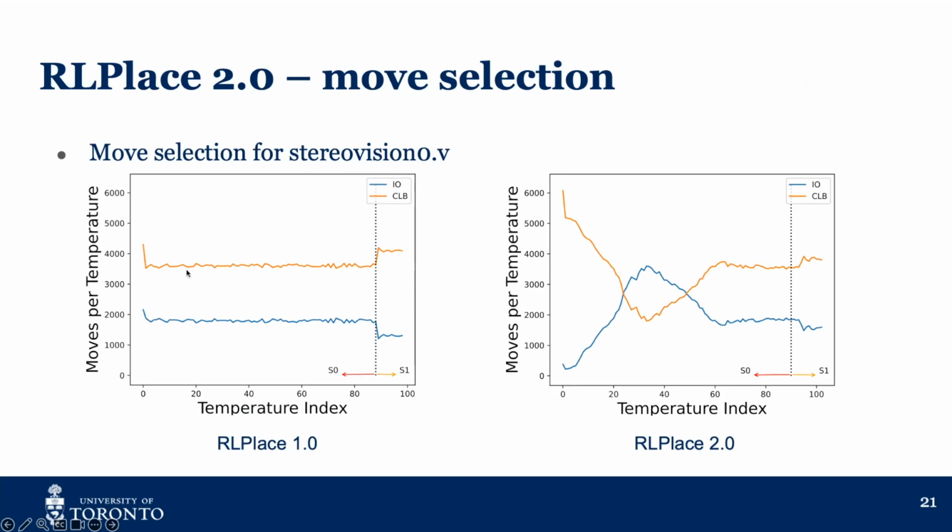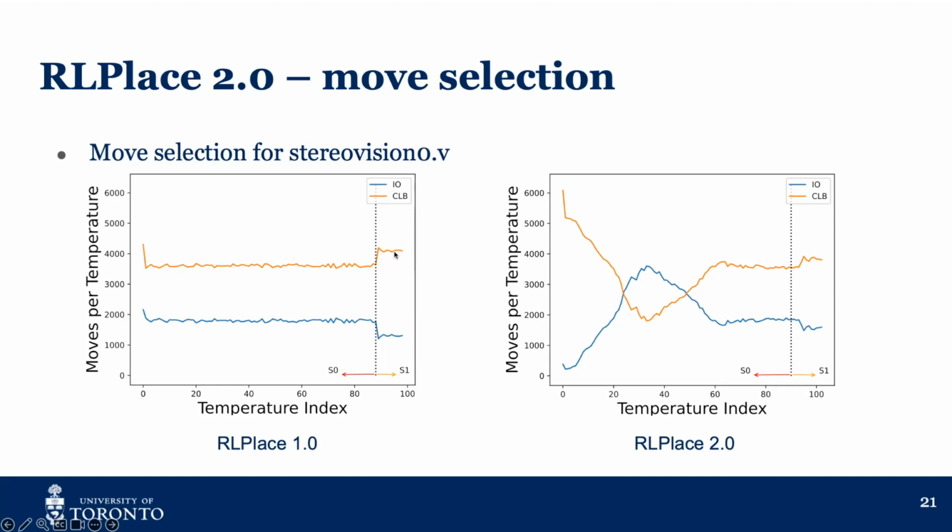As we can see here, the ratio of moving a CLB to IO is constant throughout all the different temperatures in the first stage of the agent. This is because the agent is just picking the moving block randomly. And because this netlist has double the CLBs of the IO blocks, it's moving CLBs double the amount of moving IO blocks.